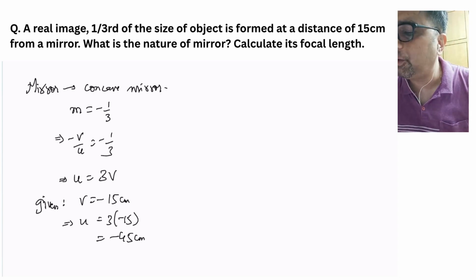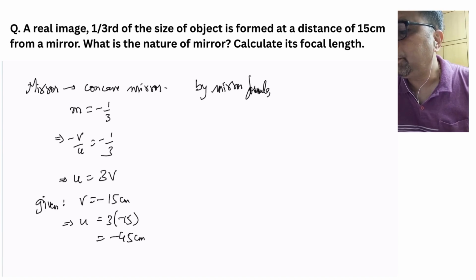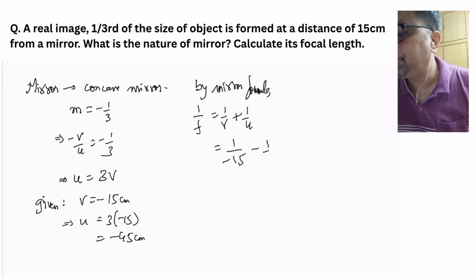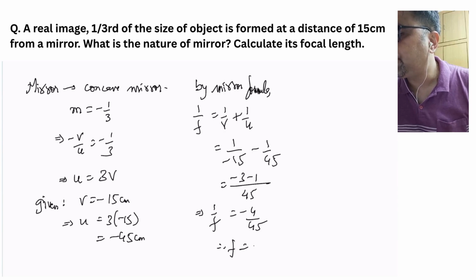So by mirror formula, 1 by f we know is 1 by v plus 1 by u, and that gets us 1 by f is equal to minus 4 by 45, and therefore f comes to minus 45 by 4, which is equal to minus 11.25 centimeter.